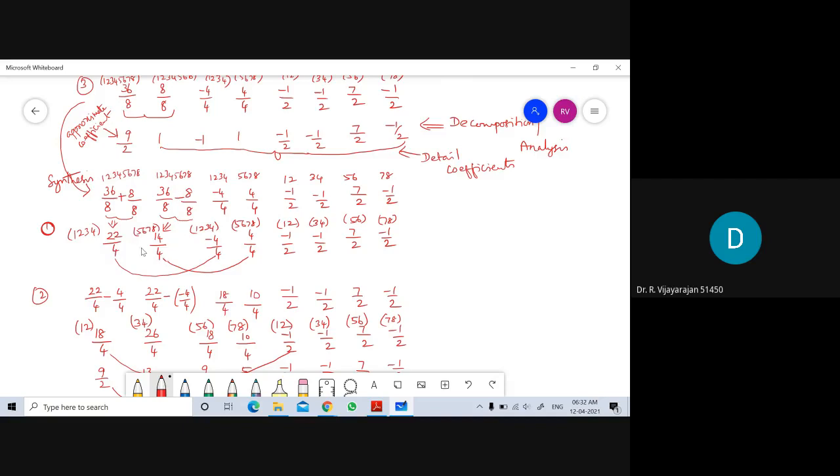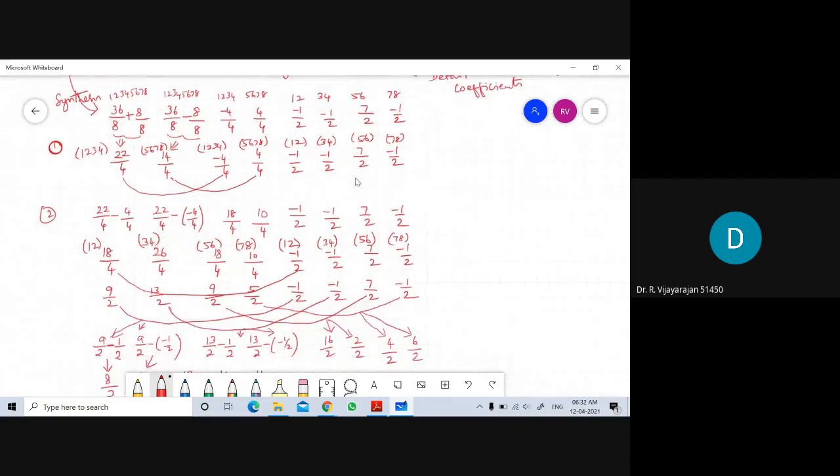Since we do summation and difference, we will get back the values from 1, 2, 3, 4 and 5, 6, 7, 8. So these two are approximate coefficients now. Then the remaining are detailed coefficients. You write the values as such. Now, with respect to the same indices, again you go for summation and difference. This is from 1, 2, 3, 4, and this is also the detailed coefficient from 1, 2, 3, 4.